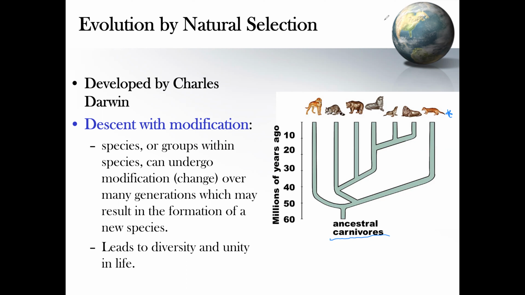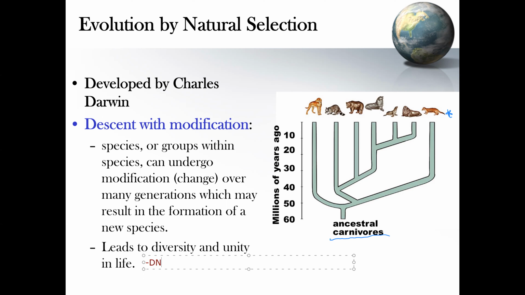Now, the other interesting thing about evolution is it explains what we call unity in life. There are similarities between all living organisms. For example, when the first cell evolved on Earth, it developed DNA in order to transmit genes from one generation to the next. In the case of the cell, it was reproducing asexually, right? But DNA is the molecule that carries our genetic information.